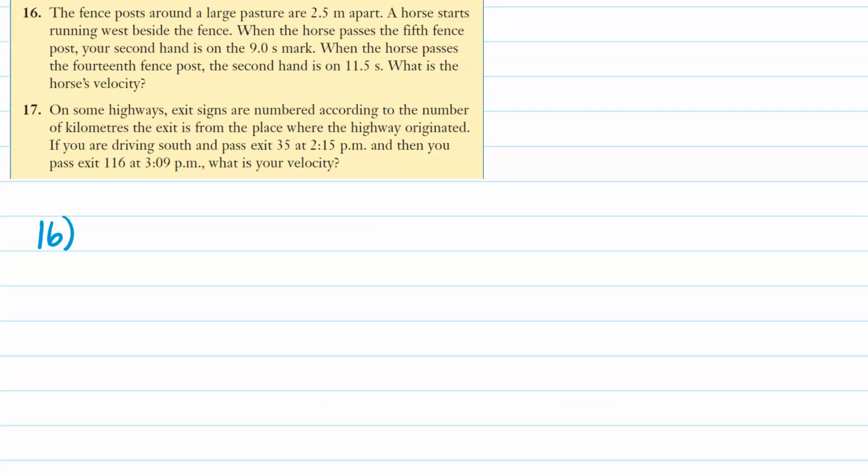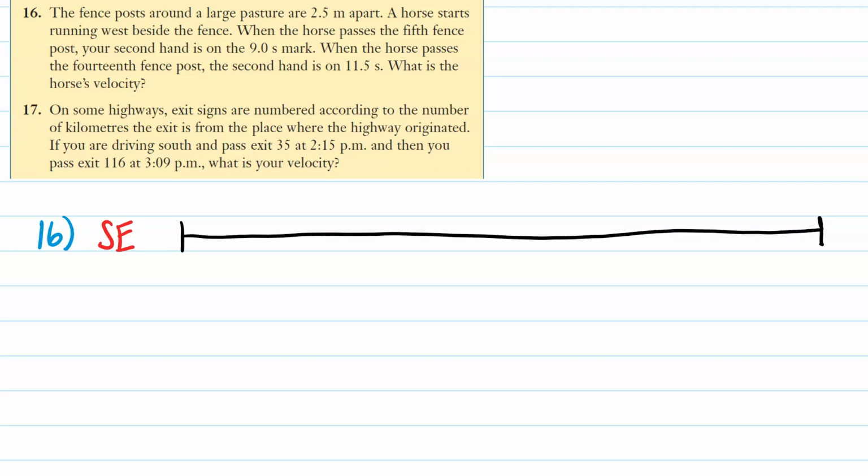Okay, so number 16 is more of a standard of excellence kind of question. So don't worry about it if this one is a bit more difficult. Basically, you have fence posts in a pasture that are 2.5 meters apart. And you have a horse that's going to run along the pasture.